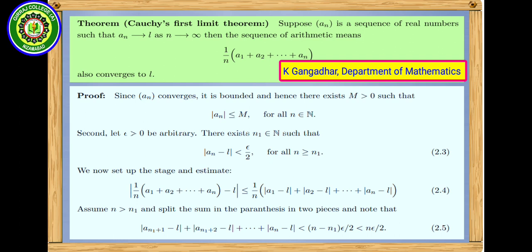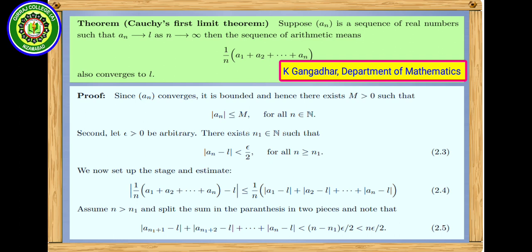So here we apply the convergence definition. There exists M greater than 0 such that mod an is less than or equal to capital M. It is the definition of bounded. So the sequence an is bounded means there exists M greater than 0 such that mod an is less than or equal to capital M for all n belongs to N. Now we apply the definition of convergence.